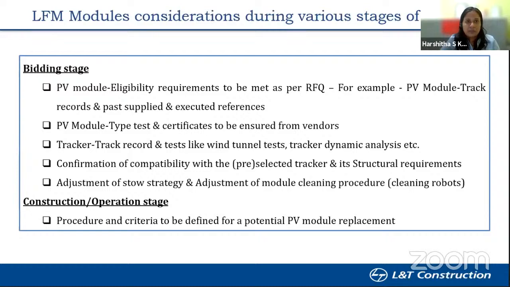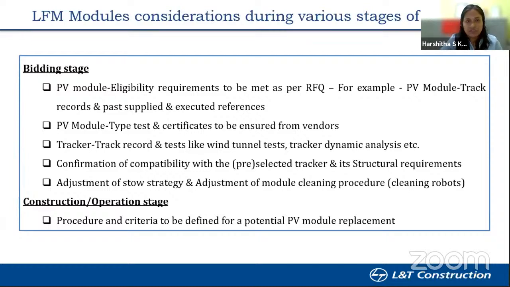Similarly, because of this rapid change in module sizes, as we had seen in the earlier slide, it has increased from 400 watt peak to 600 to 700 now within a very short time period. So by the time we win the job and we start executing, it can happen that the modules we envisaged during the bidding stage have now shifted from 400 watt peak to as high as 535 or 600. So how do we bring in those changes in the design?